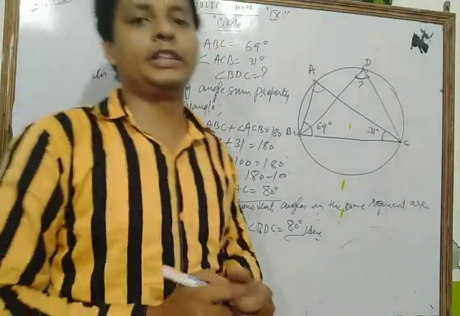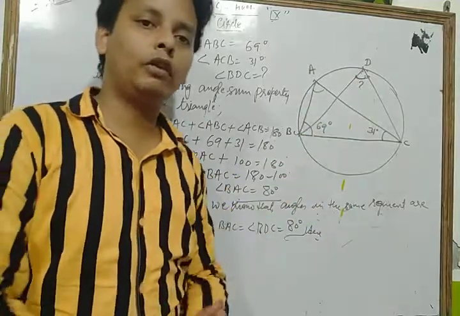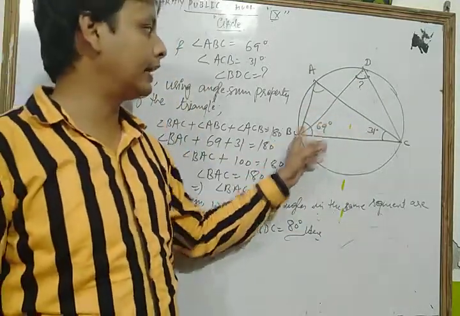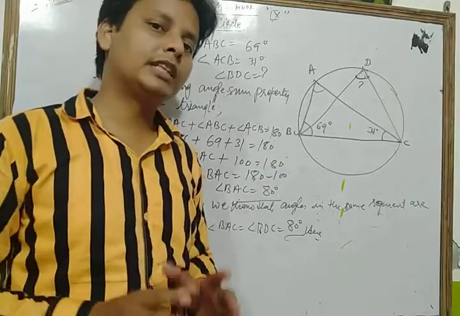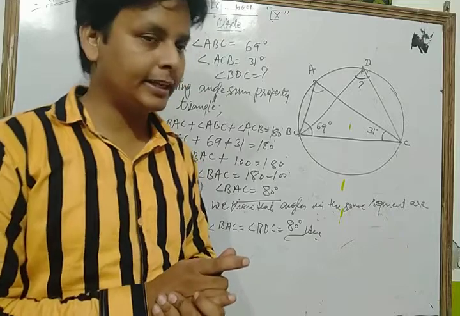Okay, so dear students, in this way we can solve that type of questions. First of all, in that figure, we find angle BAC using the angle sum property of the triangle, which is that the sum of all angles of a triangle is 180.